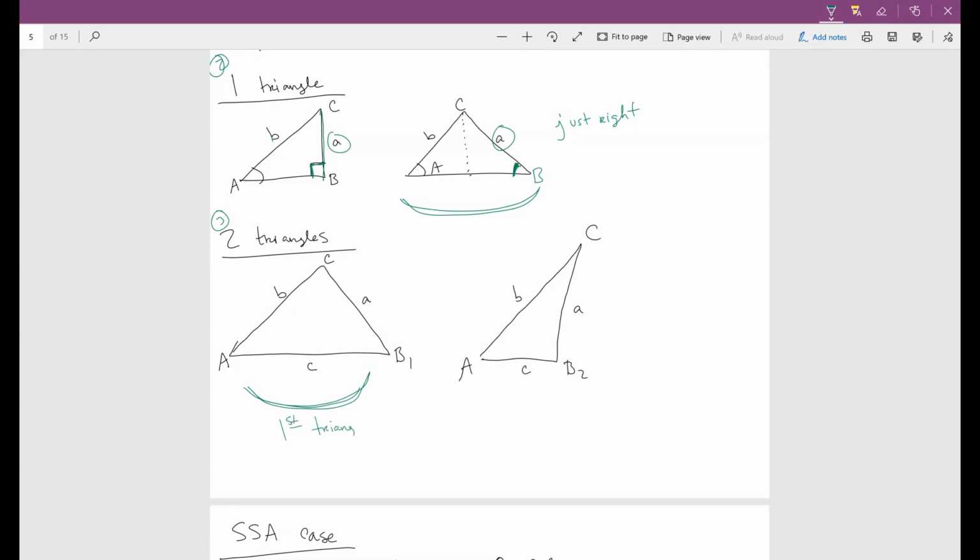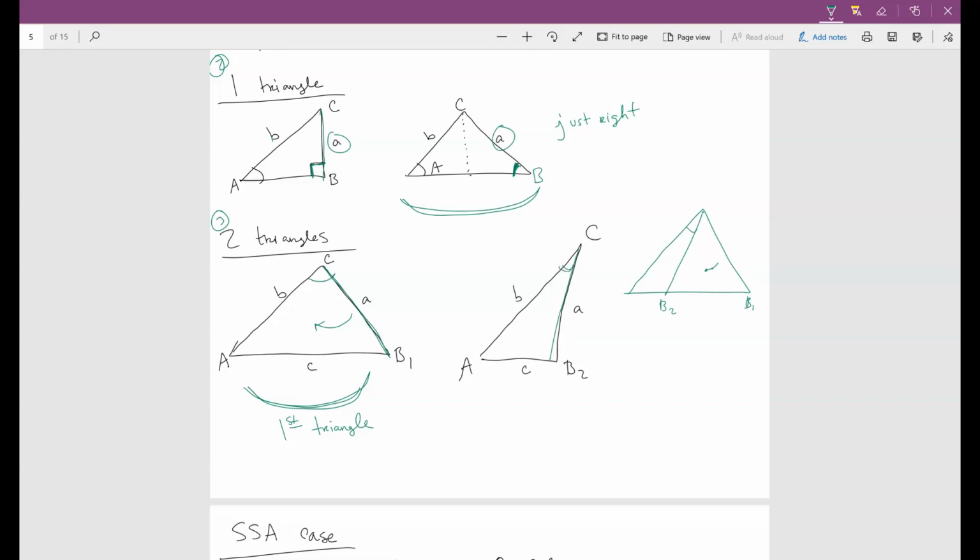Now, how do I know if a next triangle exists? Well, if I were to swing this guy over this way, so here's B1, and I swing it over here, now this is my new B2. Now I made this angle C much smaller.